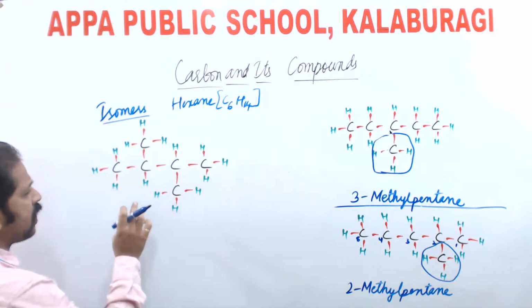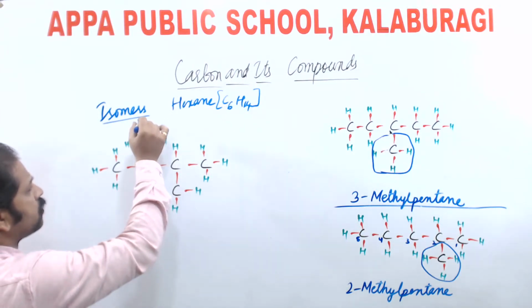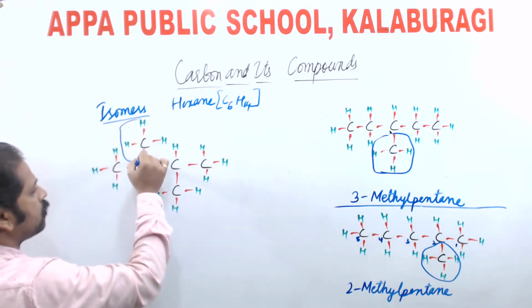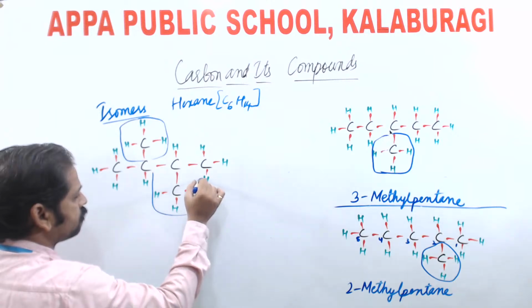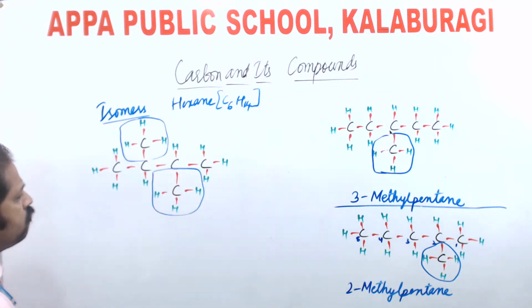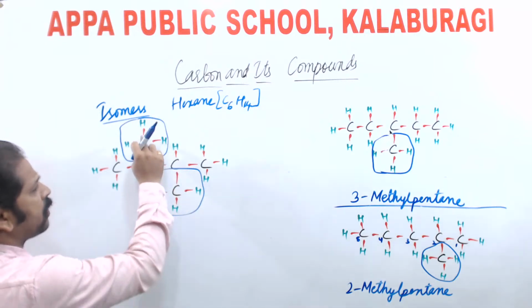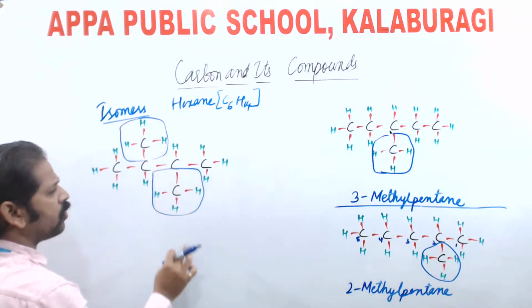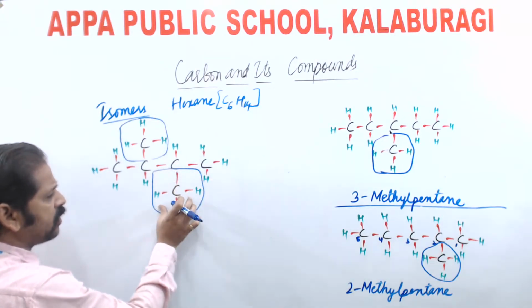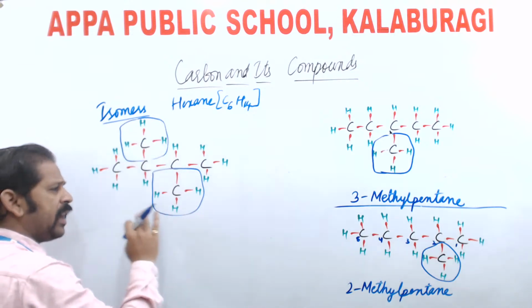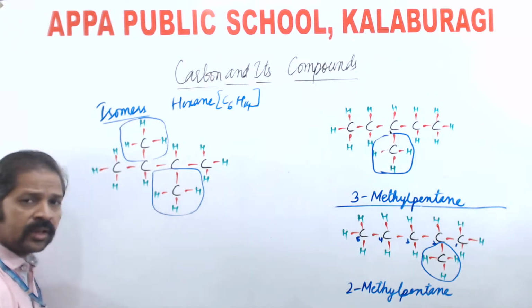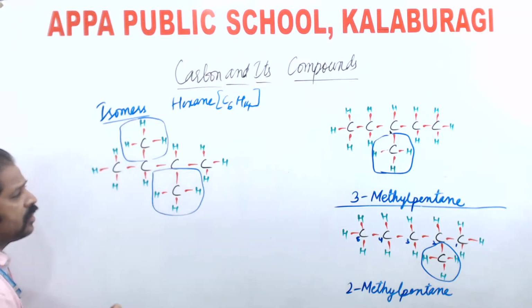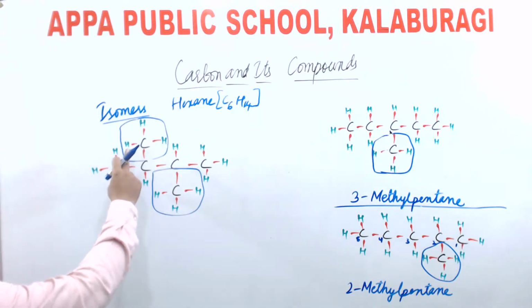Which is the first carbon if I count, because of this attached group, or this attached group. From whichever angle we are counting, both are considered as second and third, second and third methyl group. So first is second, whichever it may be.